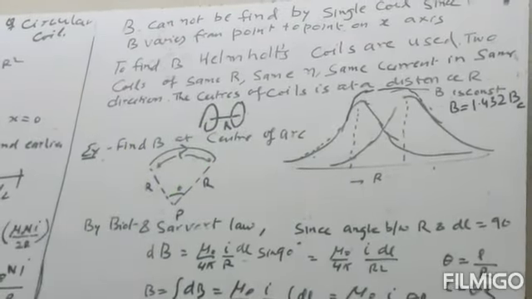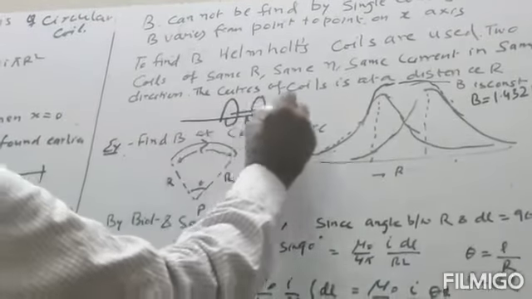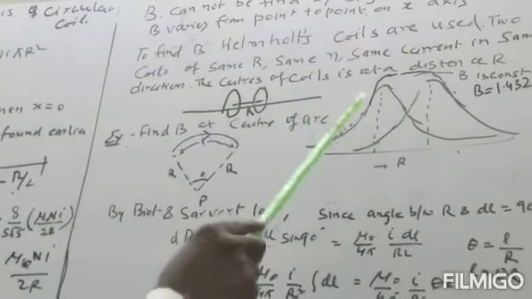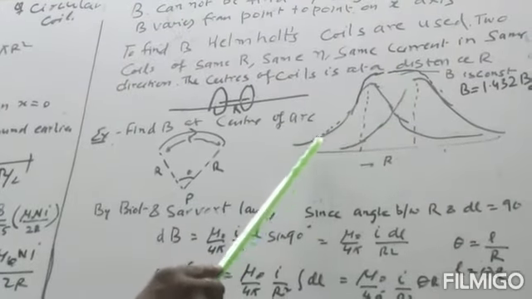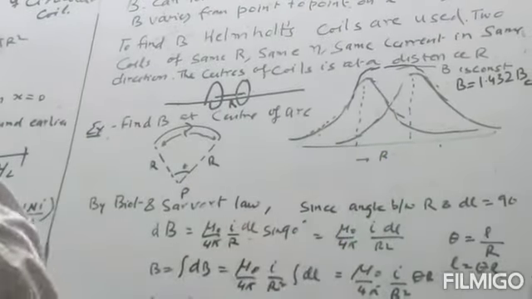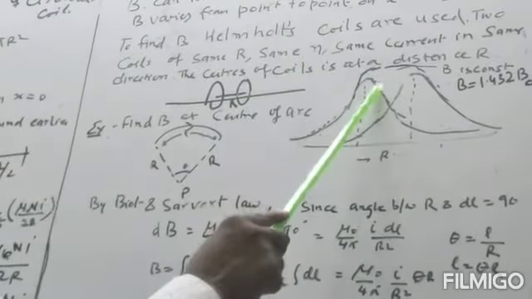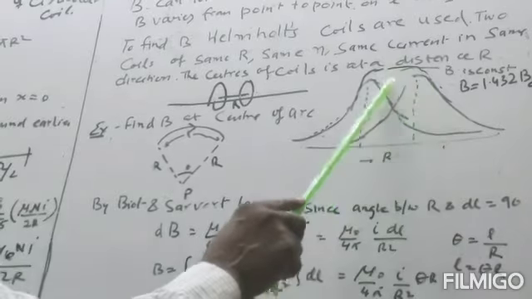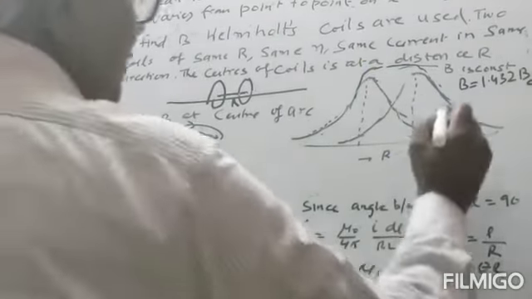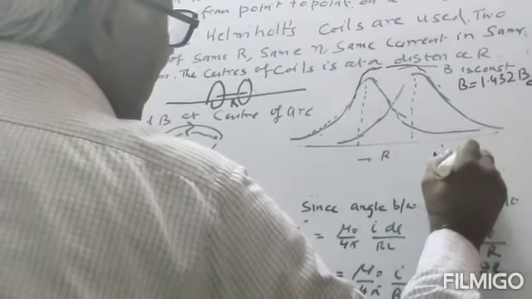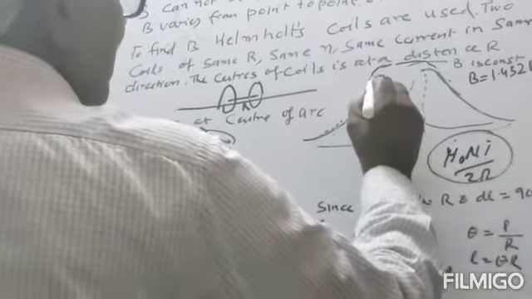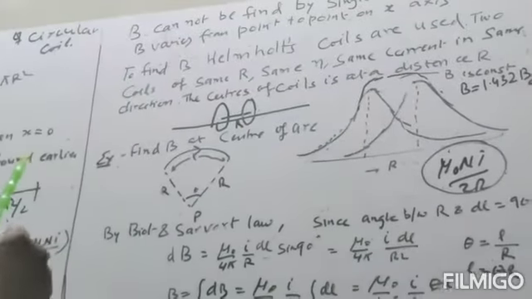If we take the axis, we can find the magnetic field and plot it for the first coil and the second coil. This is for the first coil, and this is for the second coil. The maxima for both are the same, and the maximum will be equal to B_C, which is equal to mu 0 I by 2R.